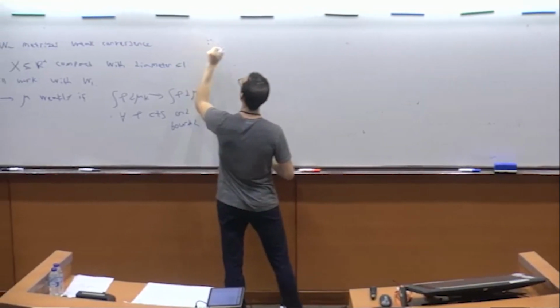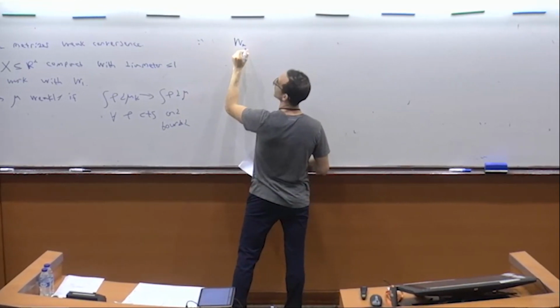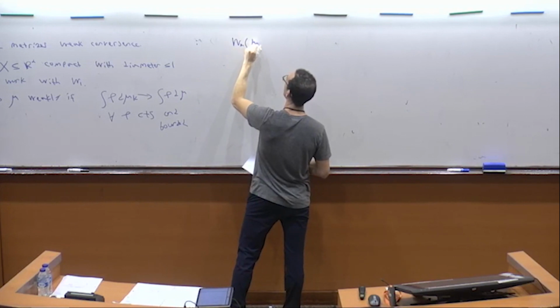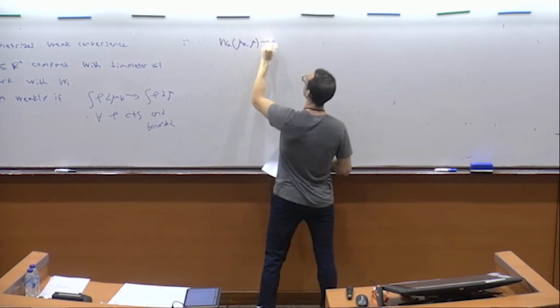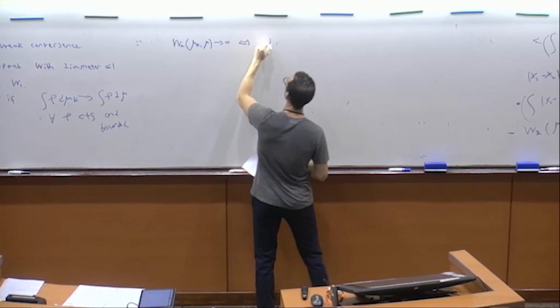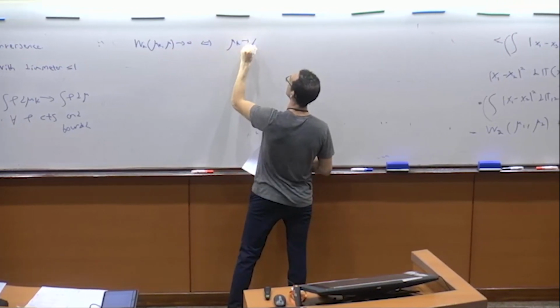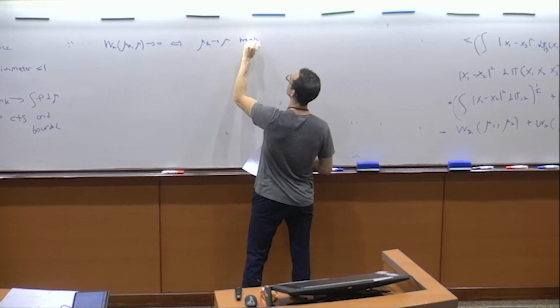What we mean by that is that W2(mu_k, mu) converges to 0 if and only if mu_k converges to mu weakly. That's what we mean by that.